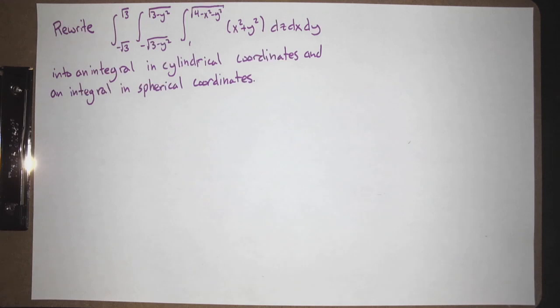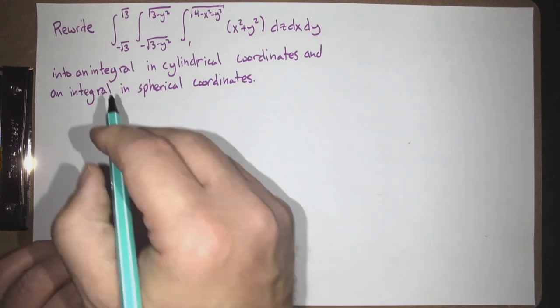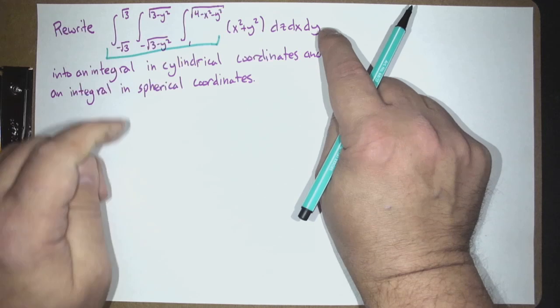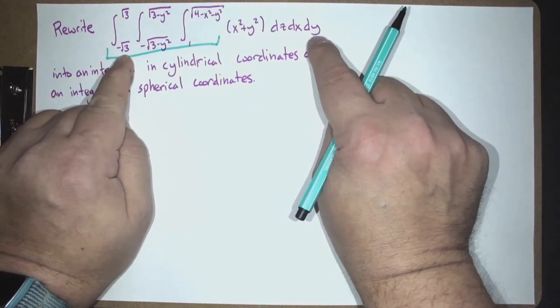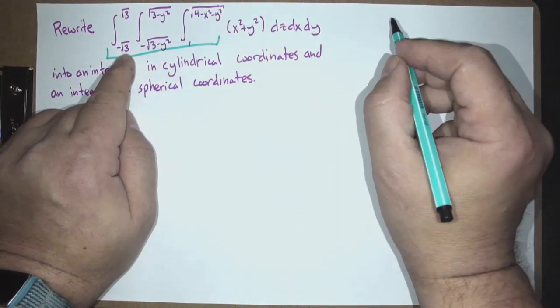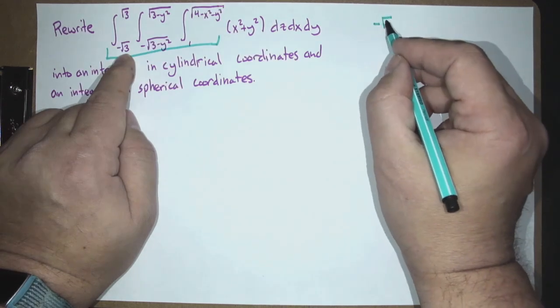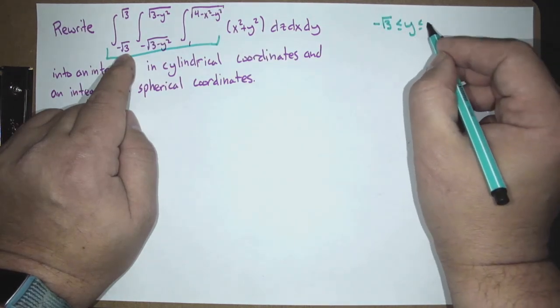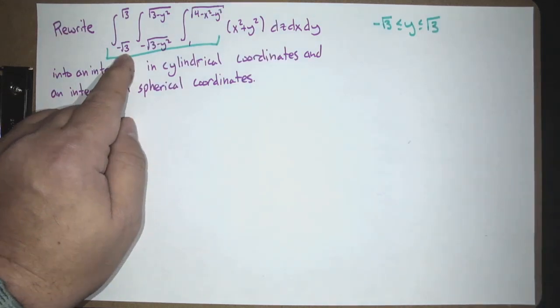Let's work on our bounds. Here we have our bounds, and we'll work on the outside bounds first. What does the outside bound tell us? It tells us about y: negative root 3 is less than or equal to y, less than or equal to positive root 3.